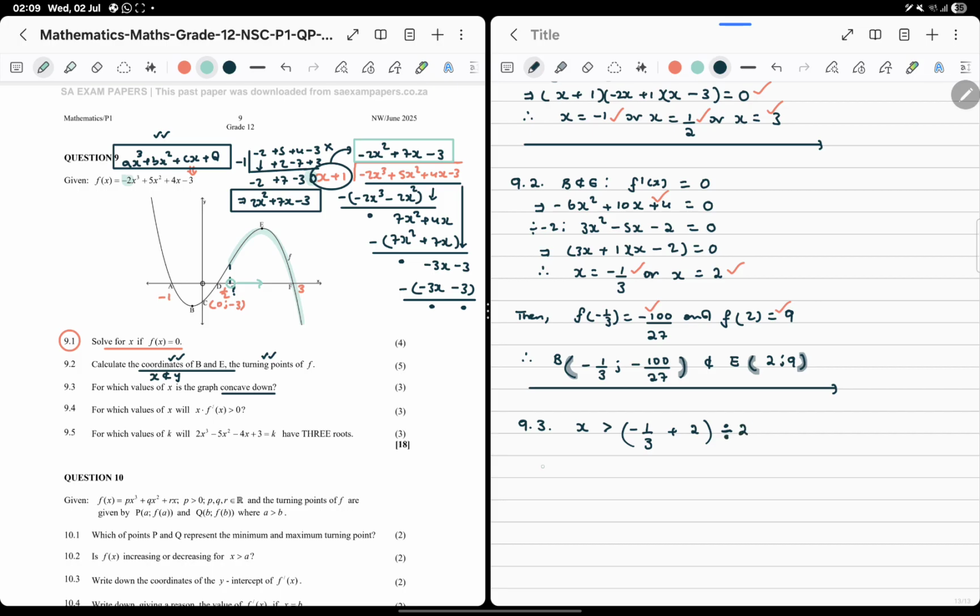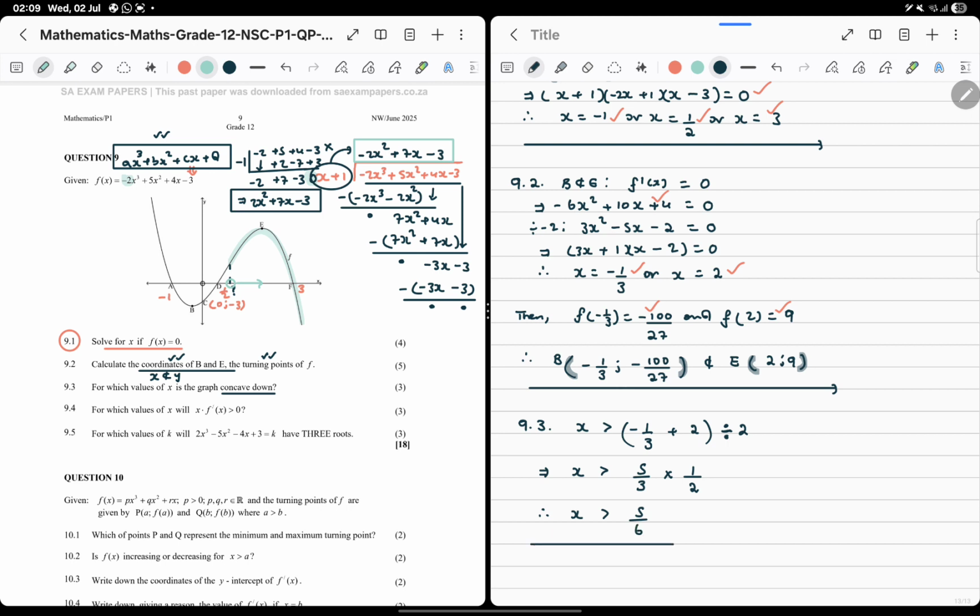Okay, there's many ways of writing this, which implies that x must be greater than. Now we sort this out. This is 6 minus 1. This is 5 over 3. We then multiply with the reciprocal of this. And so we can say, therefore, our x must be greater than 5 over 6.